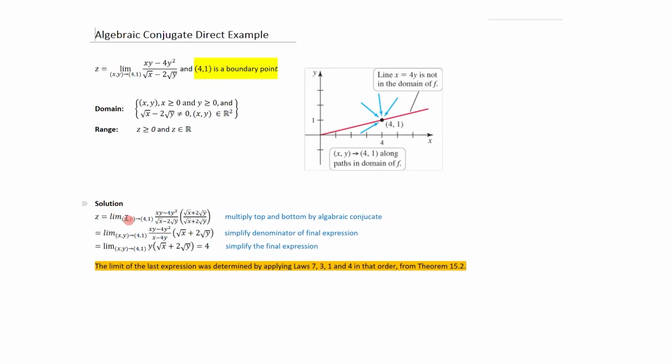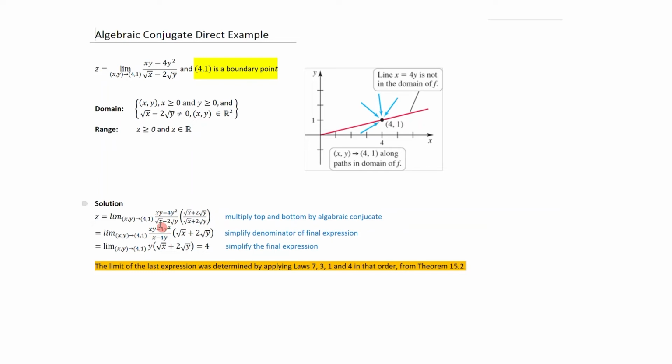And so an algebraic conjugate method means that we take a look at the denominator and we realize that if we multiply top and bottom by the conjugate of the denominator term, that means square root of x plus 2 square root of y, top and bottom, this is 1, which means it leaves the answer unchanged.